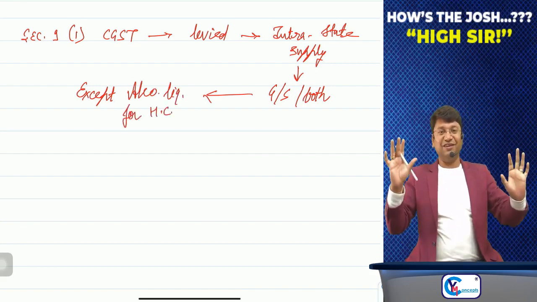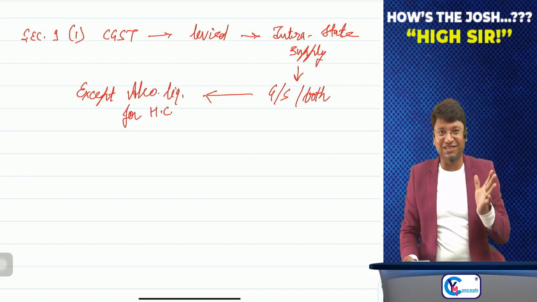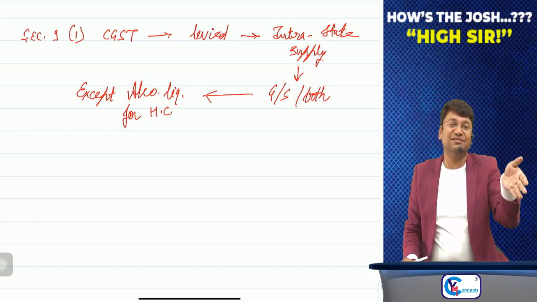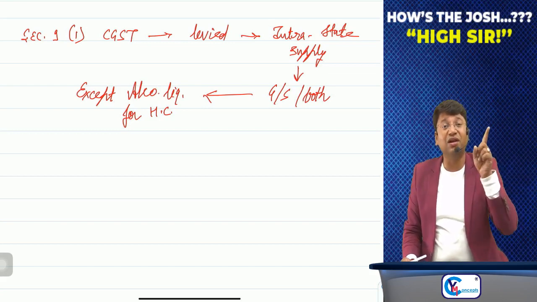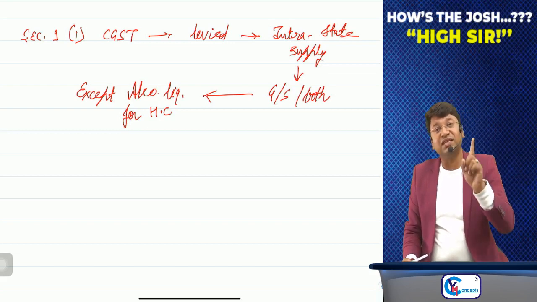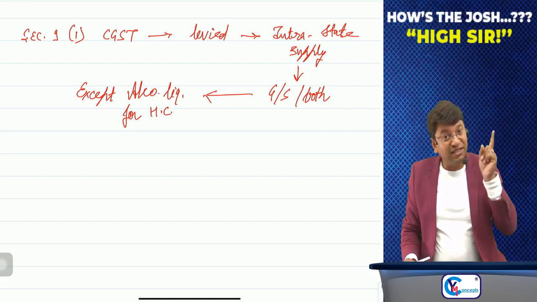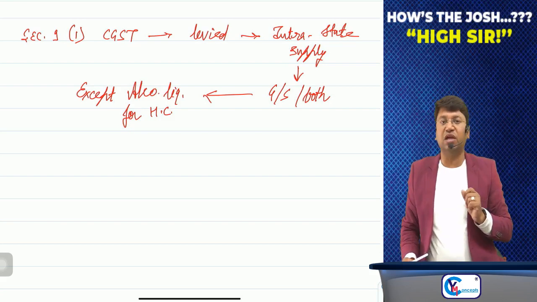Alcohol, liquor for human consumption is kept out of GST because, pre-GST, on sale of alcohol VAT or sales tax was levied, plus on manufacture of alcohol state excise duty was levied; central excise duty was not levied.